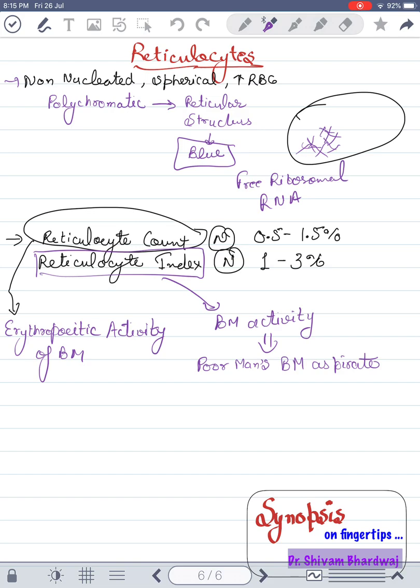For these reticulocytes, the Romanowsky stain is the routine stain, and the special stains are brilliant cresyl blue and the other one is new methylene blue.